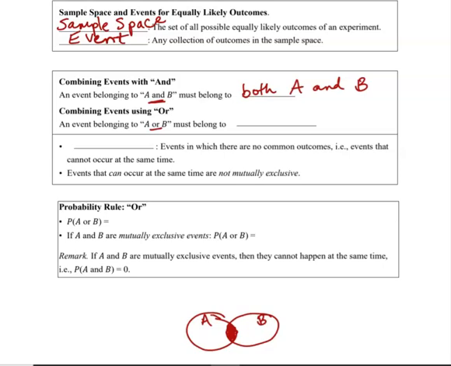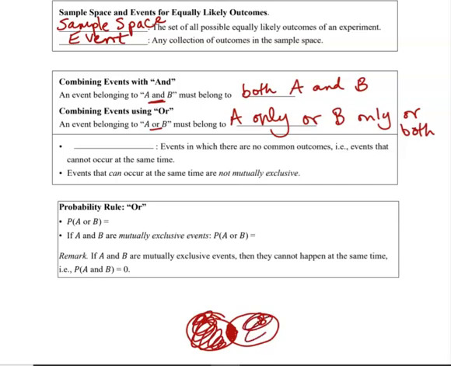That means that the event can belong to A only, or B only, or it can be in both. So or is sort of everything that could occur, right? In my A and B Venn diagram, A or B would be all of this plus all of this: A only, or B only, or both. So A or B would be everything in that Venn diagram.